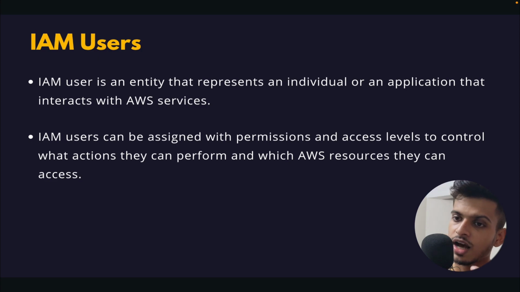An IAM user can be assigned permissions and access levels to control what actions they can perform and which AWS resources they can access. So each IAM user will have a set of permissions or access associated with that user, and based on those permissions is how they can operate on their AWS account.